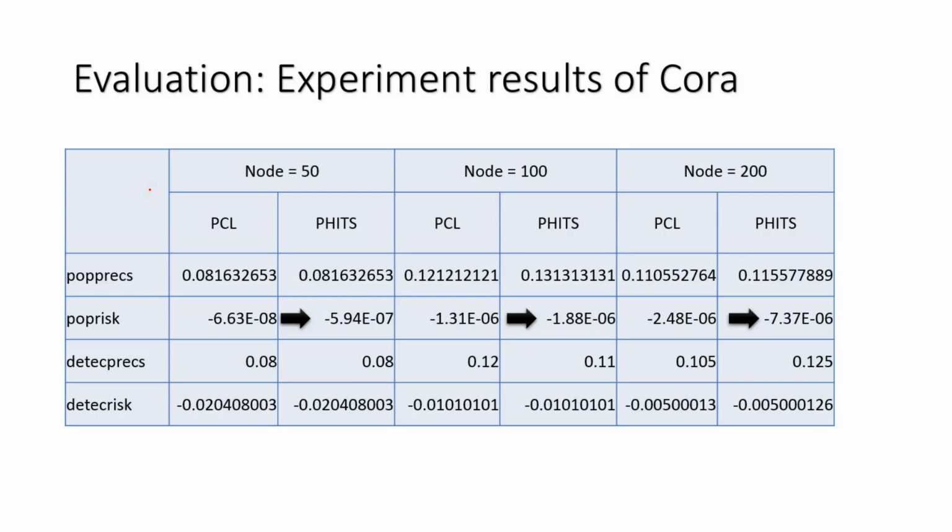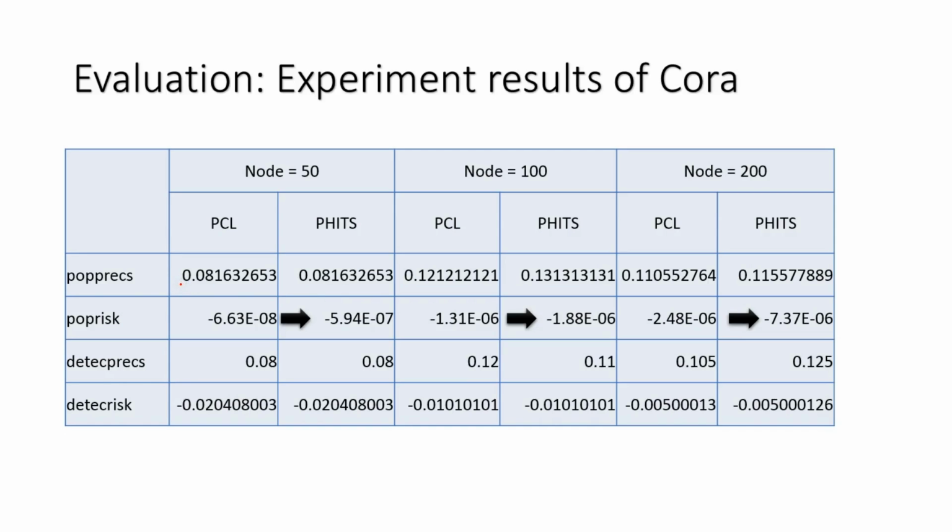So here is the final result of our experiment on the Cora dataset. We could see that both of the algorithms have a very low precision for the link analysis, because link analysis itself is a very noisy and sparse approach.